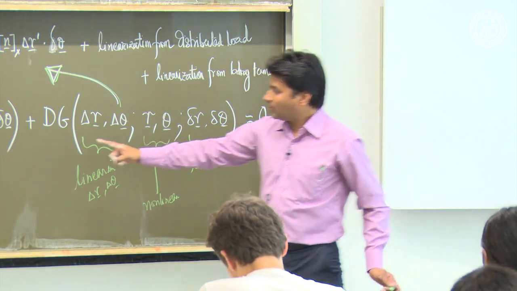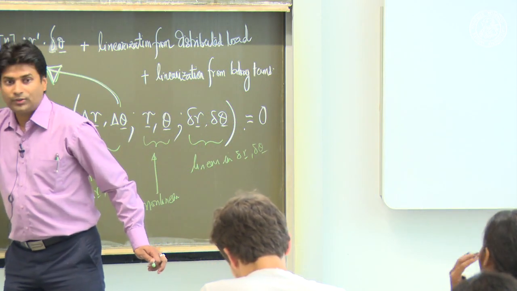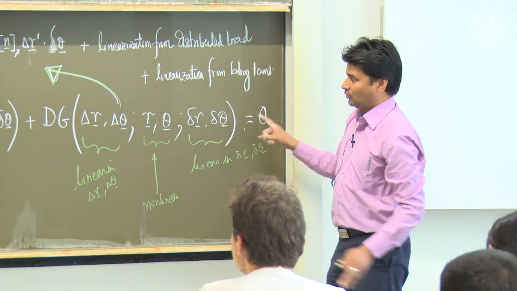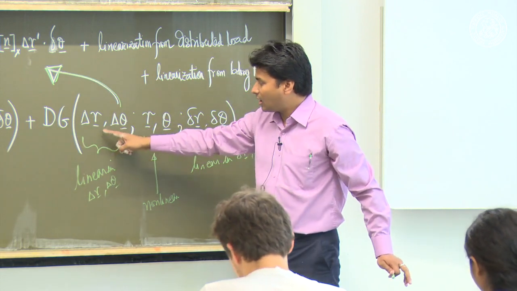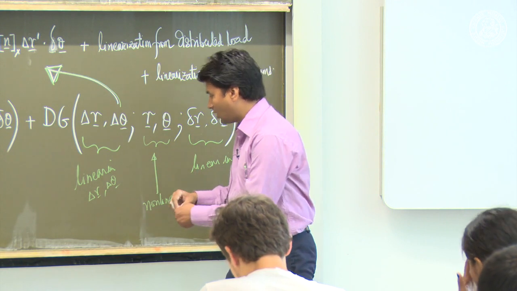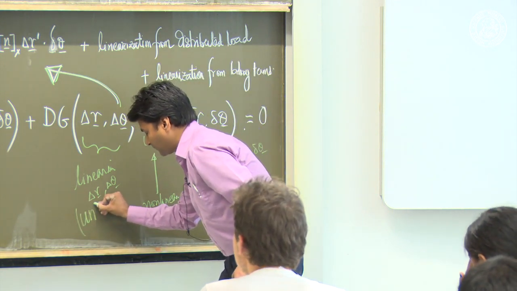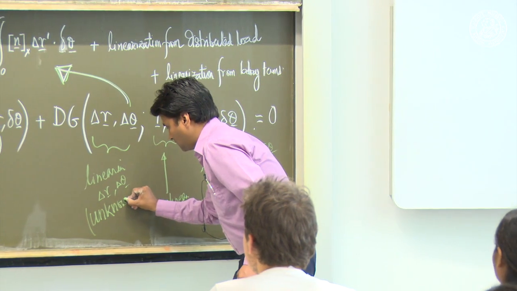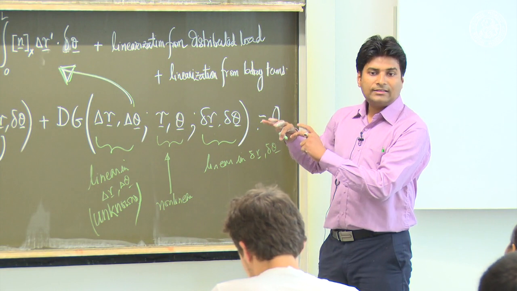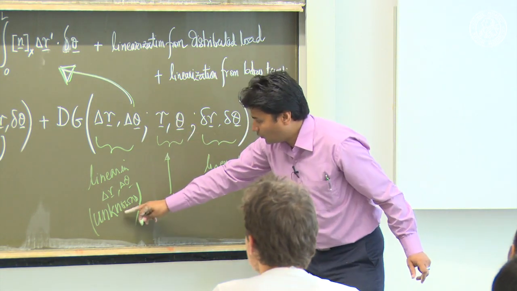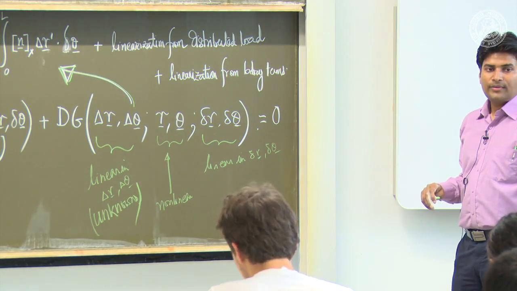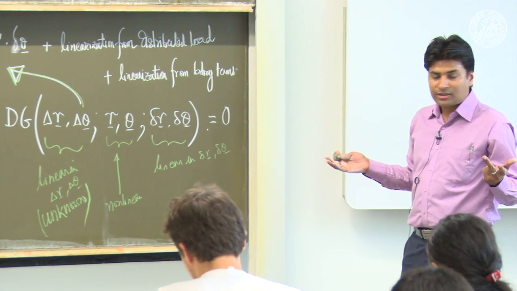So instead of solving this thing equal to 0, which is non-linear, we will like to solve the right hand side equal to 0 for delta r and delta theta, and it is linear in delta r delta theta, which are your unknowns. So you see, you have converted your problem as a linear problem in a different unknown, delta r delta theta. And linear problems are straightforward to solve.